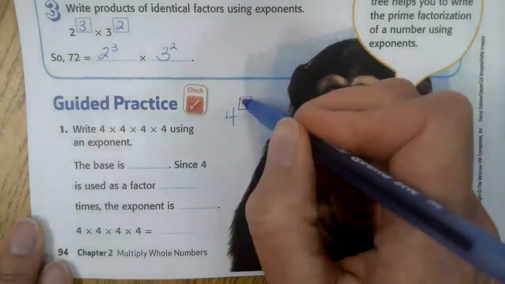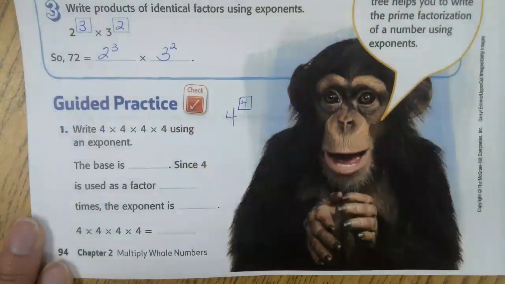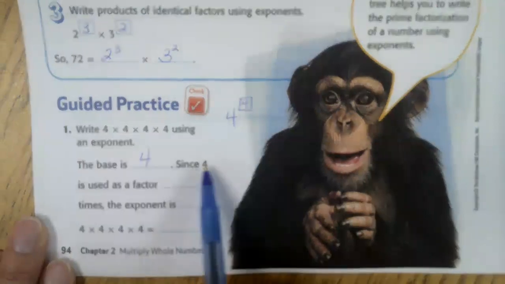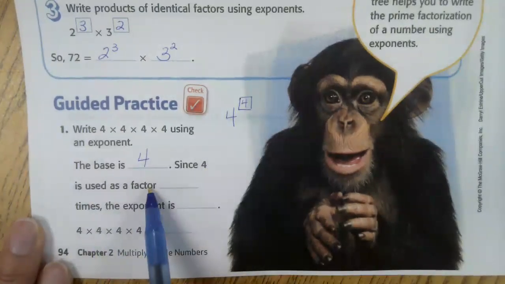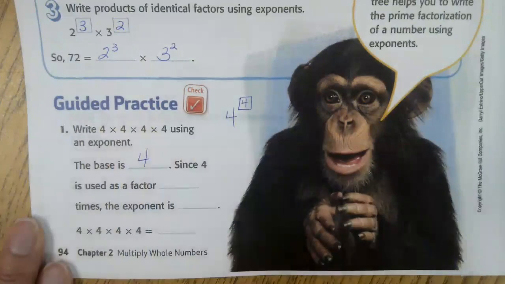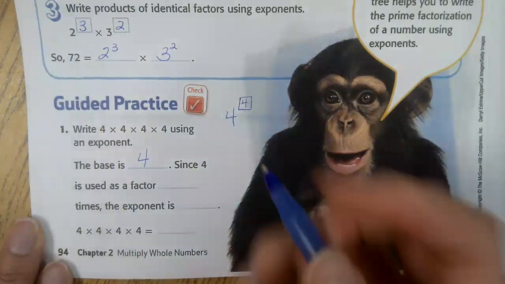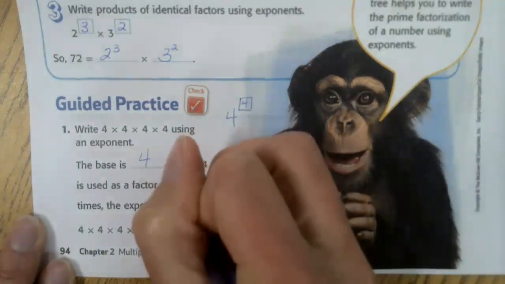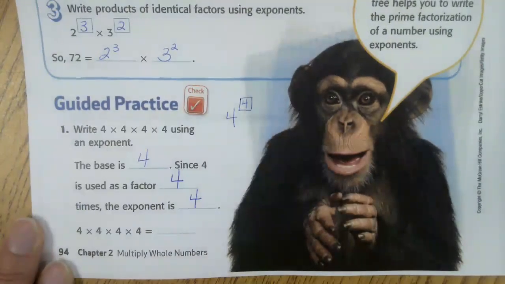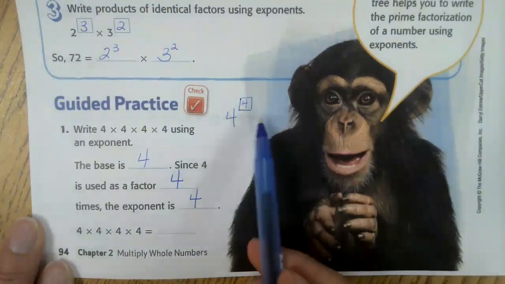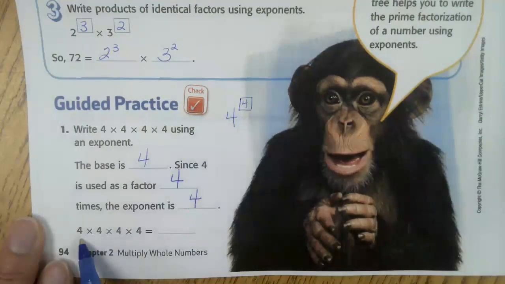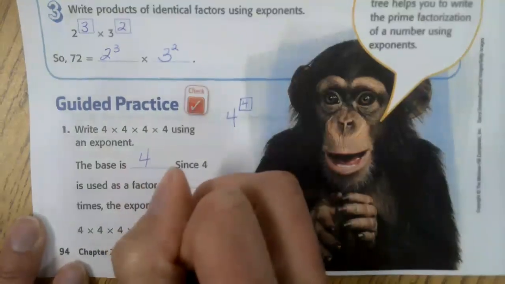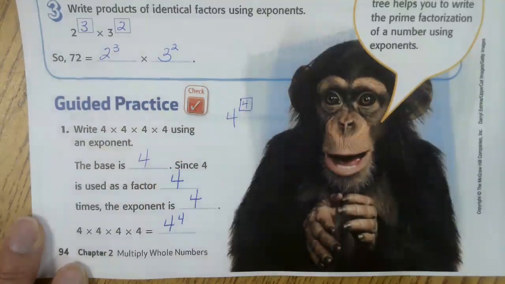So it should look like this, 4. So the base is 4. Since 4 is used as a factor 4 times, the exponent is also 4. So just like I showed you right up here, 4 times 4 times 4 times 4 can be written as 4 to the 4th power.